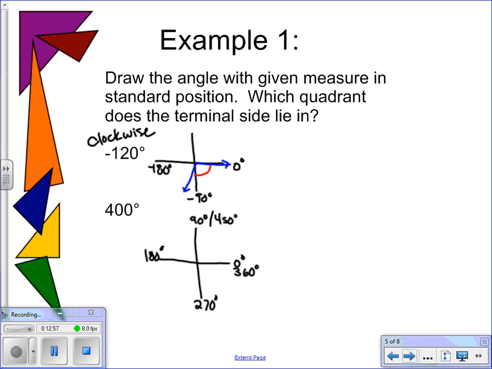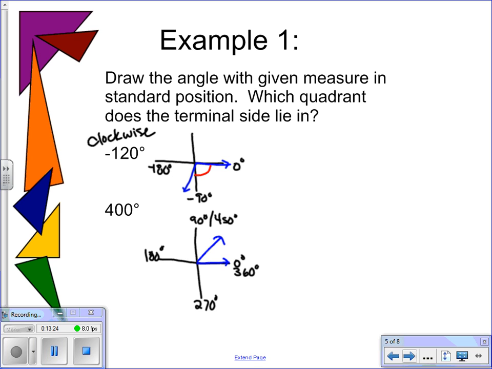So where does the 400 degree angle belong? Somewhere in between 360 and 450. So when I draw that angle, I'll have my initial side on the positive x-axis. I'll have my terminal side somewhere in between 360 and 450.